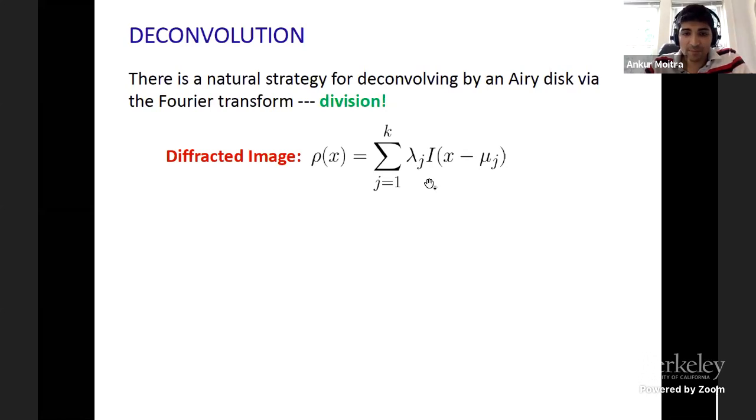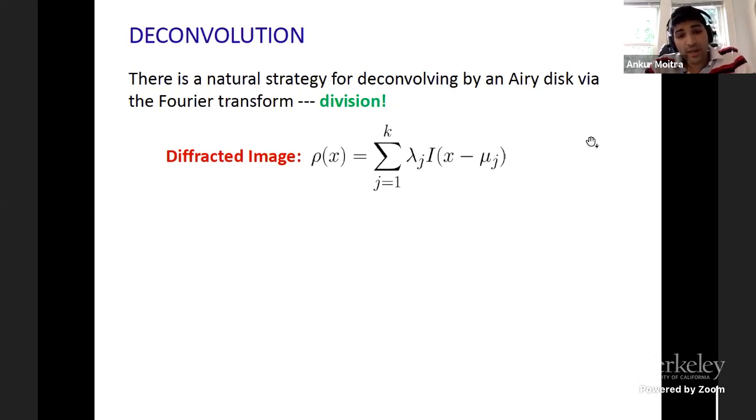That's where this comes from. And then you have these Airy disks, but the difference is that it's not I of x, it's I of x minus mu j because you're shifting it so that it's at the location mu j. And just to make sure we're on the same page, this mu j is a point in 2 dimensions because it's really its location in the observation plane, the place where you're collecting the different photons.